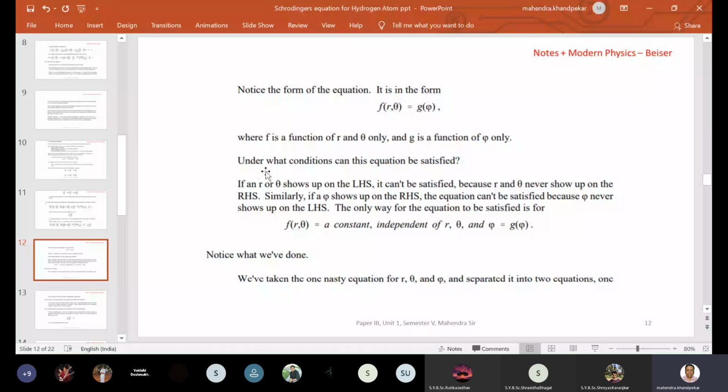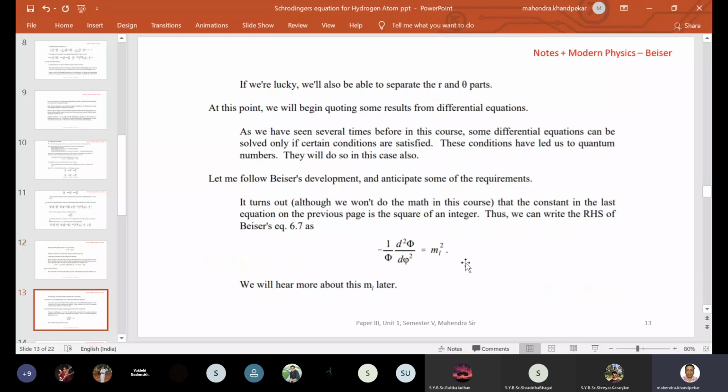Under these circumstances, we can equate the RHS with some constant. Like f(r, theta), and if you take g(phi) as some constant, then it is a constant which is independent of r and theta. So we can equate g(phi) to some constant, and I equate it with the constant ml square.